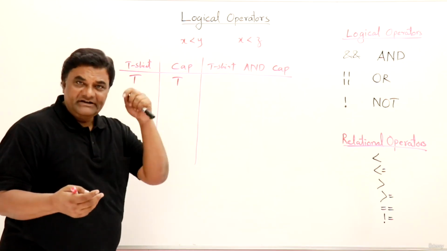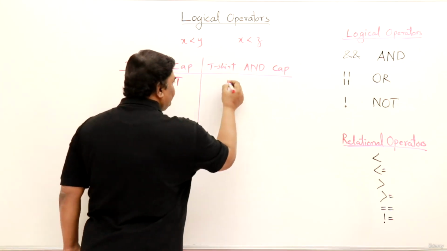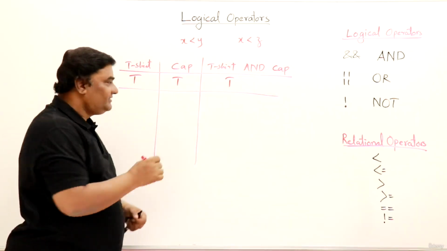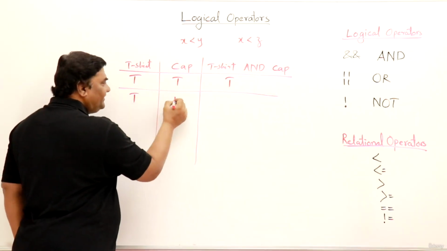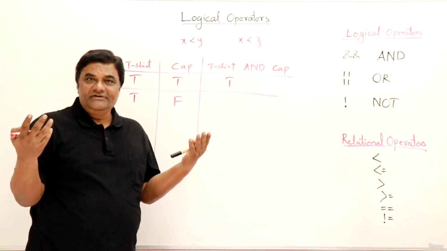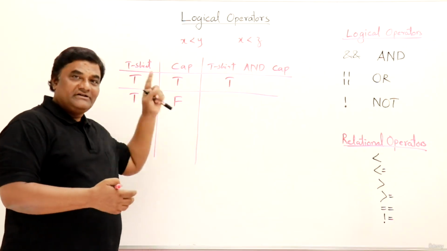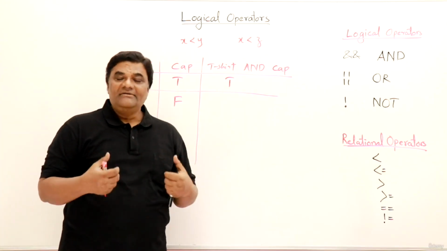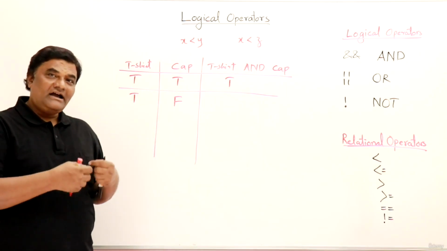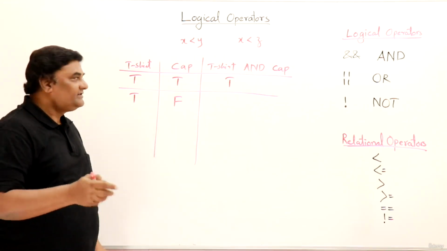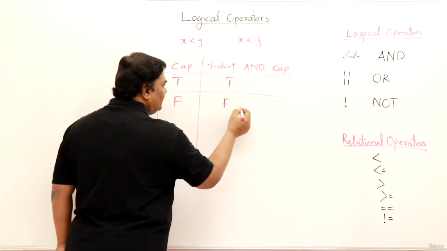It will be true if I am wearing a cap. Yes, true. Second one, I am wearing t-shirt. Yes, but I am not wearing cap. False. If I say I am wearing cap, but I am not wearing cap, it's false. So t-shirt is true, but cap is false. Now the complete statement, I am wearing t-shirt and I am wearing cap, is wrong. It's false.